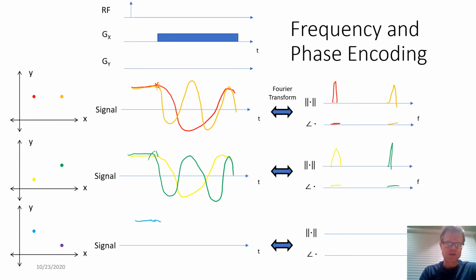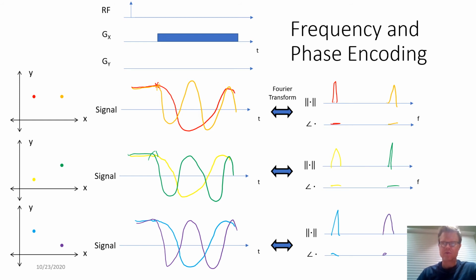As soon as the gradient is turned on, we'll get some oscillation or change in the frequency that shows up in our Fourier transform. And our two different objects have two different resonance frequencies. But again, we can't distinguish between these three possible configurations.